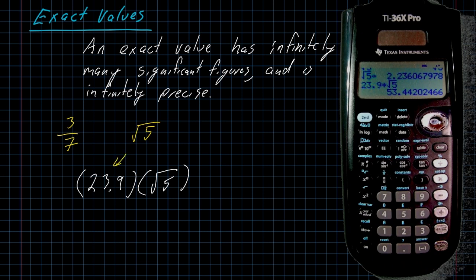Because over here, we have 3 sig figs. Over here, we have infinitely many sig figs. The worst case is the 3 sig figs, so I have to take that result and round it to 3 significant figures and call it 53.4.